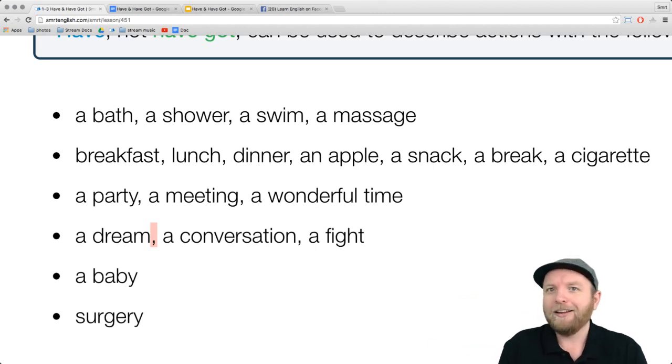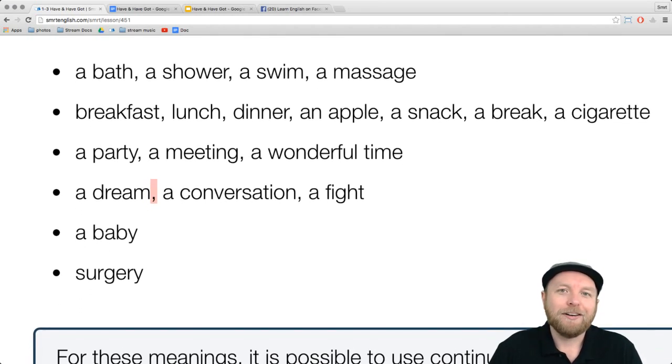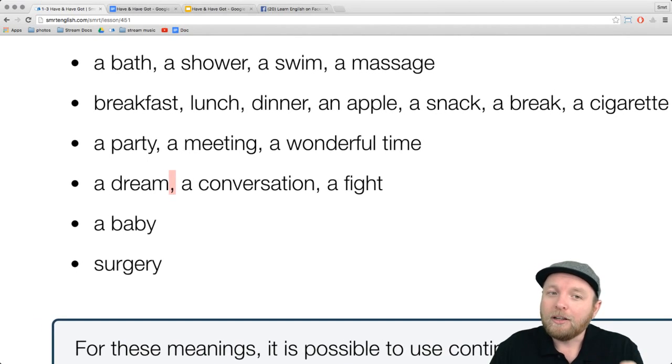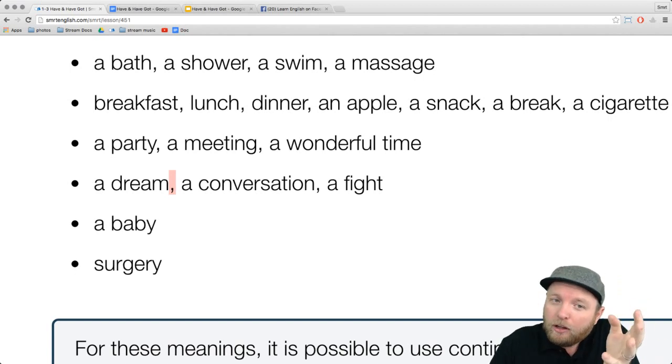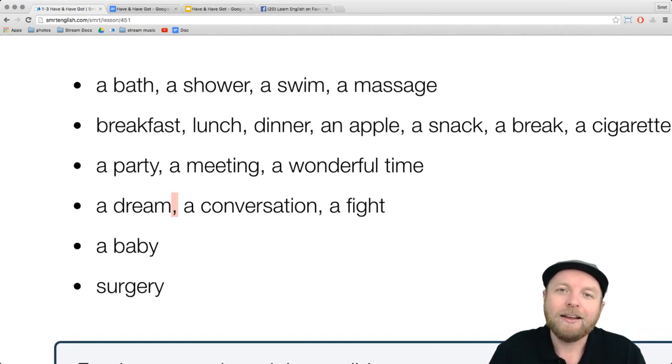They're fighting. They're having a fight. It's the same meaning. Have a baby, that means the baby is being born. And finally, surgery, okay? So, if have is this meaning, you can say having if it's happening right now. Also, if you are talking about this meaning, you can't say have got.